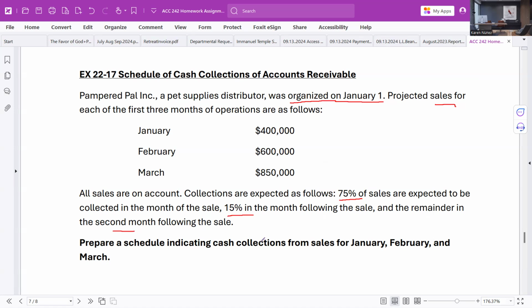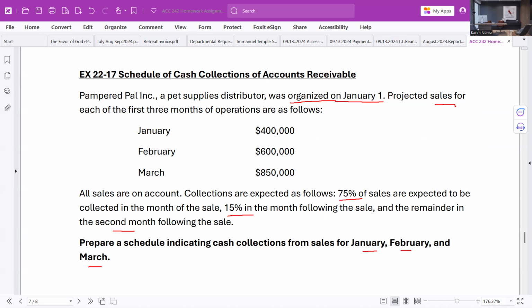And what we need to know is how much is going to be collected in all 3 of these months, January, February, and March. So let's see if I can just schedule out that collection pattern. It really is helpful in these problems if you try to visualize what that collection pattern looks like, so you can easily schedule the collections based on the pattern that you're provided with.